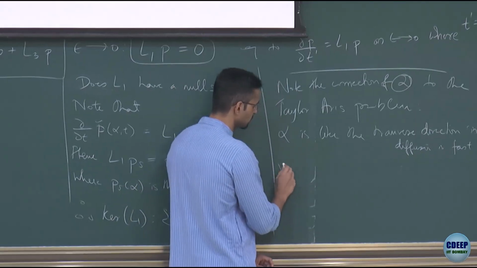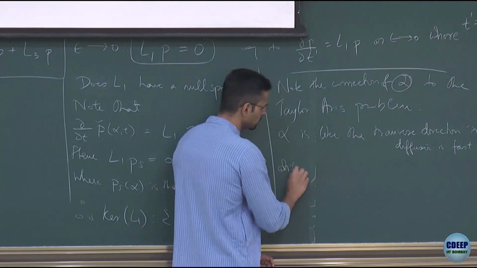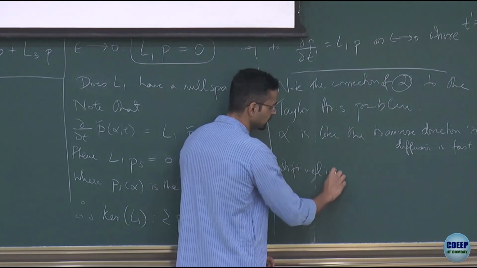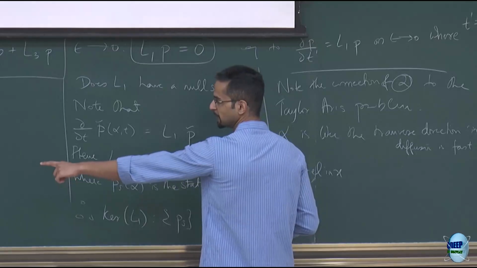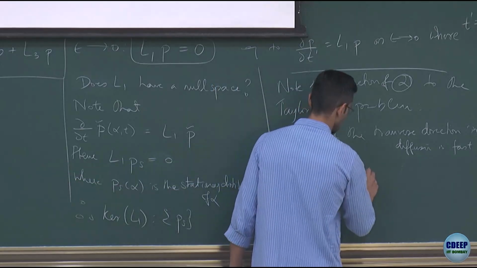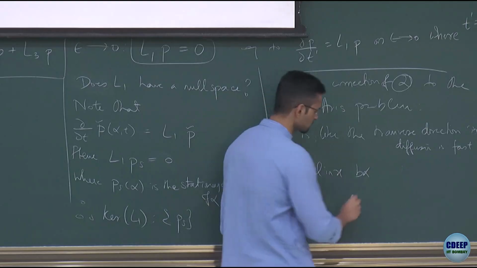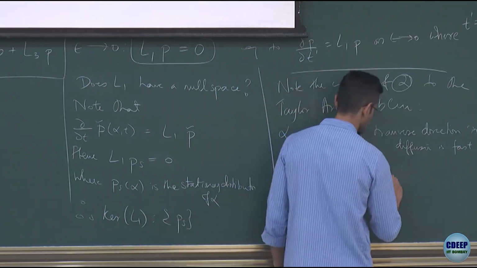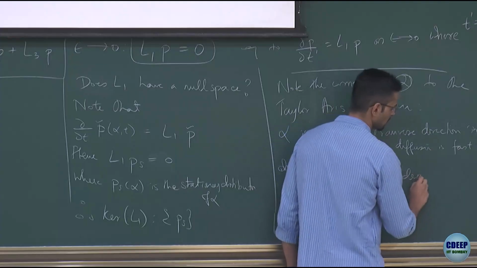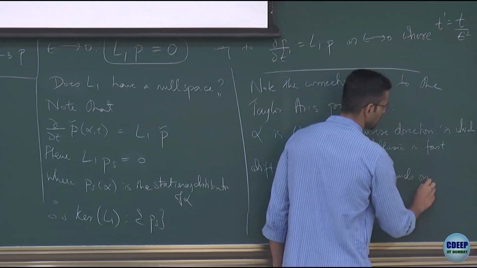Second point, the drift velocity in X, right, is what? B alpha, right? So of course it's B alpha plus A, okay. It depends on alpha.